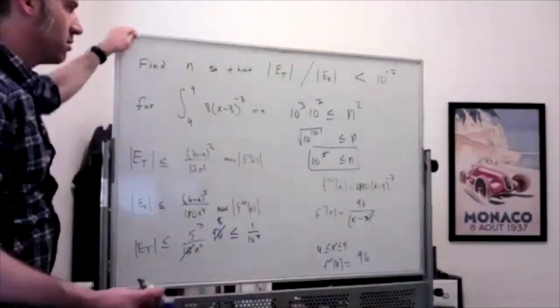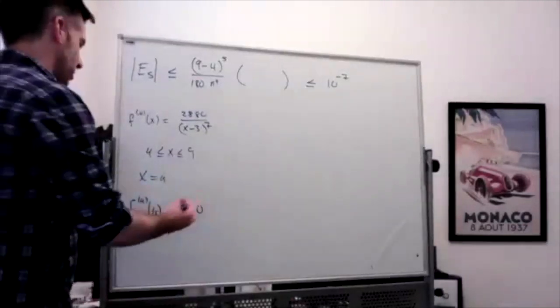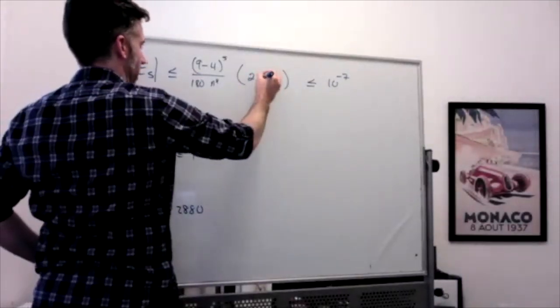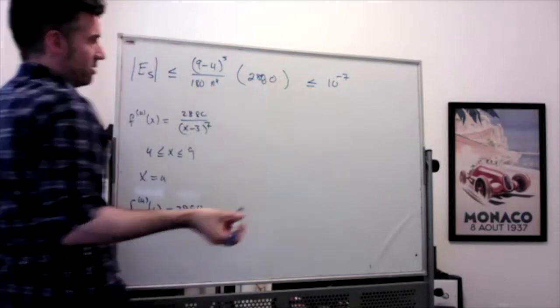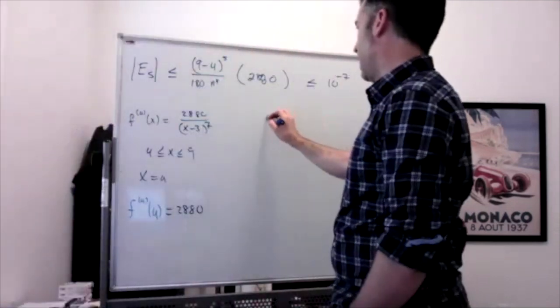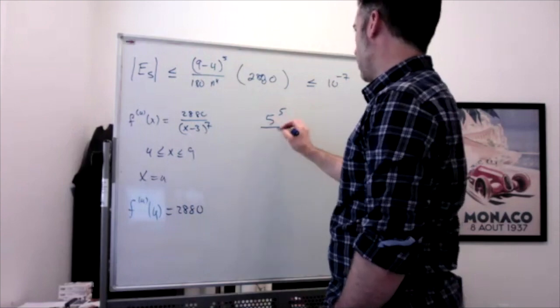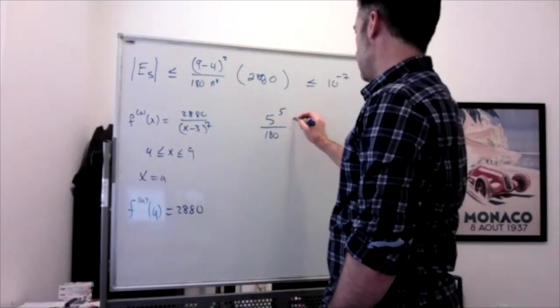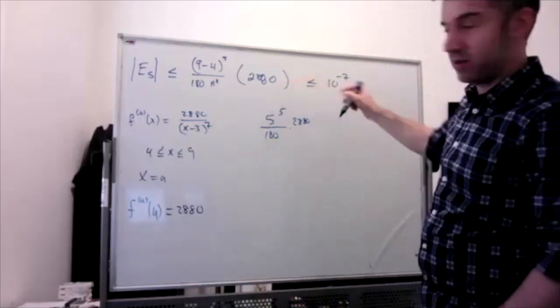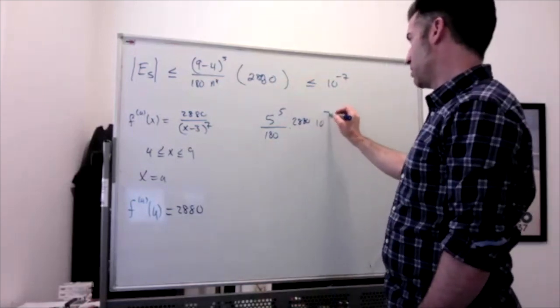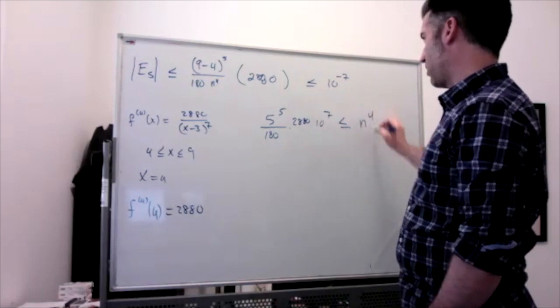So then that's going to be 2,880 right there. That's the maximum of the fourth derivative. And then we're going to solve for n. So I've got 5 to the 5th over 180 times 2,880 times 10 to the 7th. Multiplying this by 10 to the 7th is less than or equal to n to the 4th.